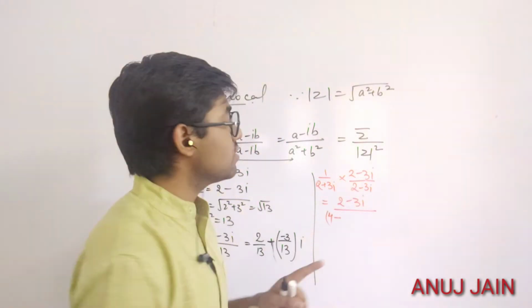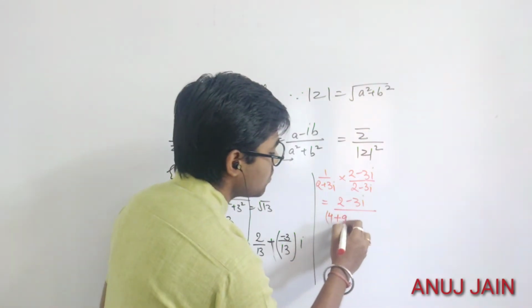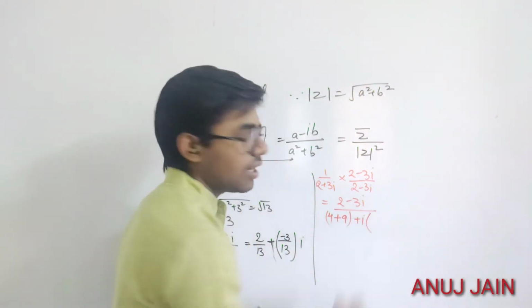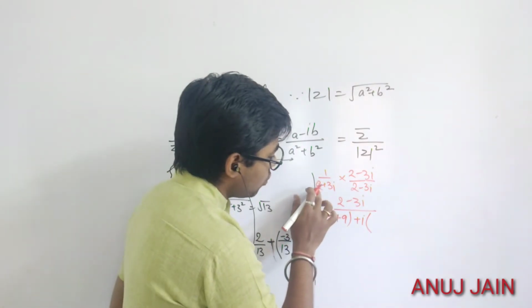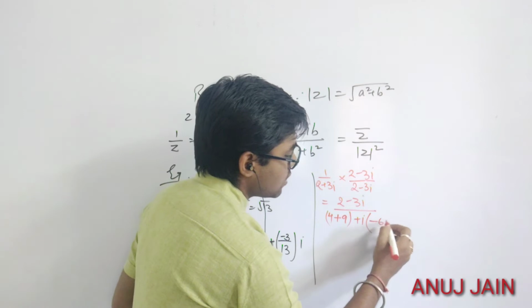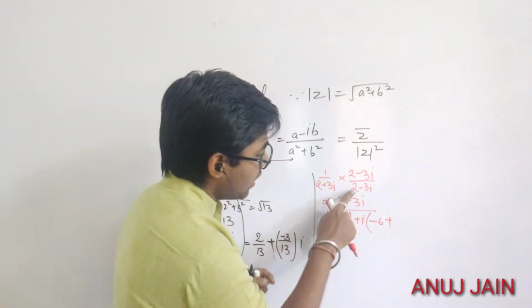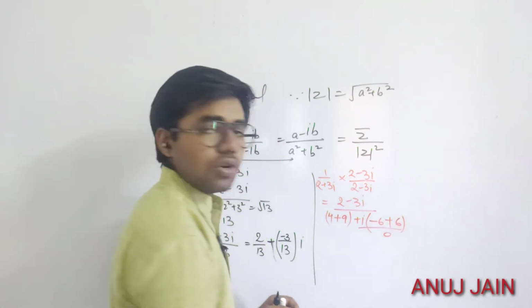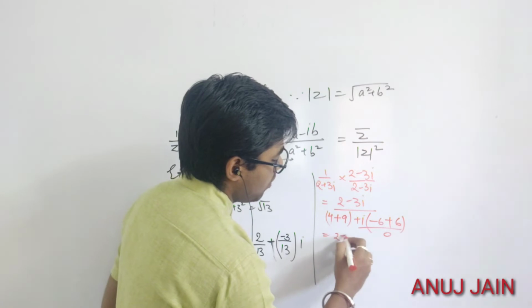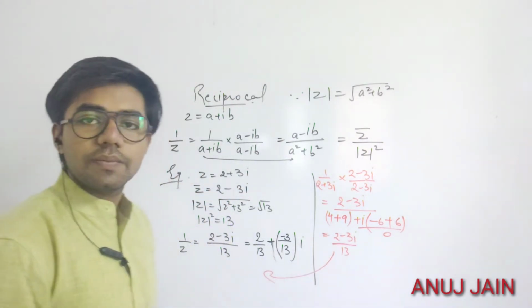So 3 into minus 3 is minus 9, and this minus, so this becomes plus 9. Then plus iota times a1 into b2, 2 into minus 3 is minus 6, plus a2 into b1, 2 into 3, 6. So this gets cancelled, this value is 0. So we get (2 minus 3i) by 13, which is the same as what we got.